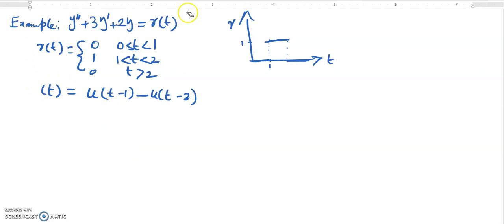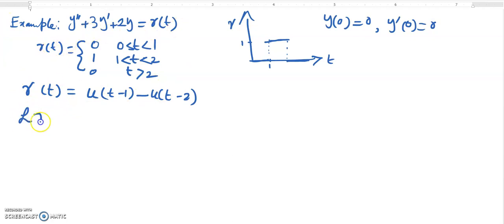For solving this initial value problem, y(0) is 0 and y prime of 0 is also 0. We need to take the Laplace transform.